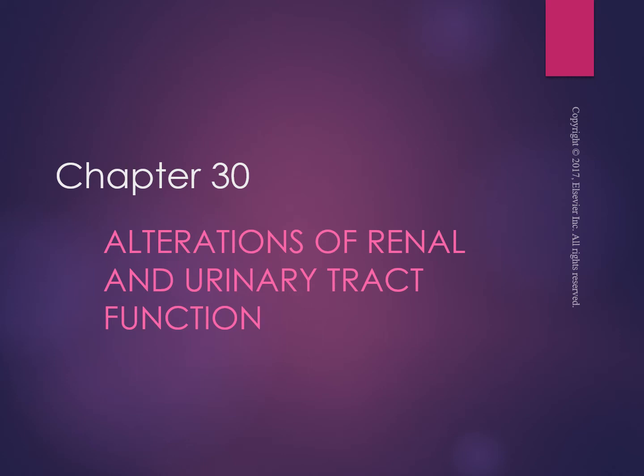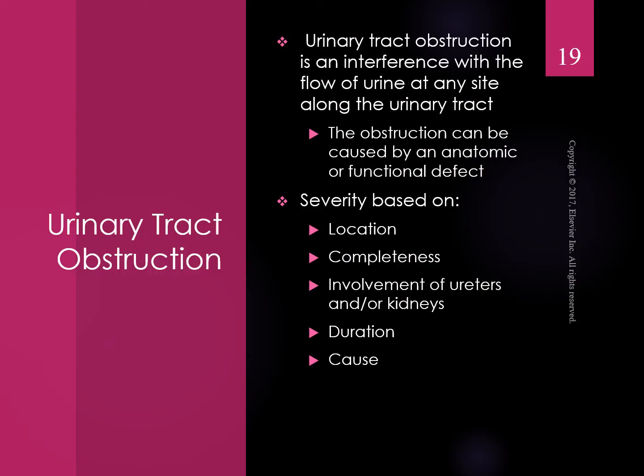Now we're on to Chapter 30, alterations in renal and urinary tract function. Urinary tract obstruction. So now we're talking about urinary tract obstruction, which is an interference with the flow of urine at any site along the urinary tract. The obstruction can be caused by an anatomic or a functional defect.